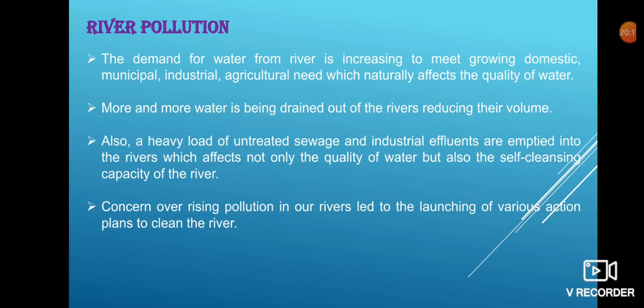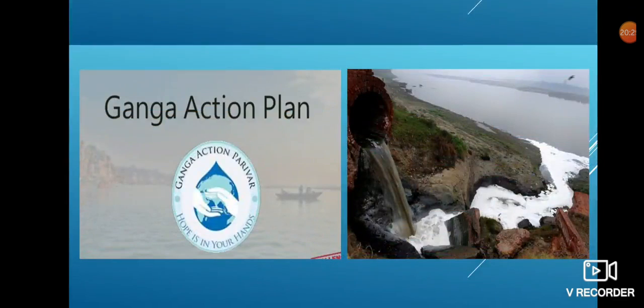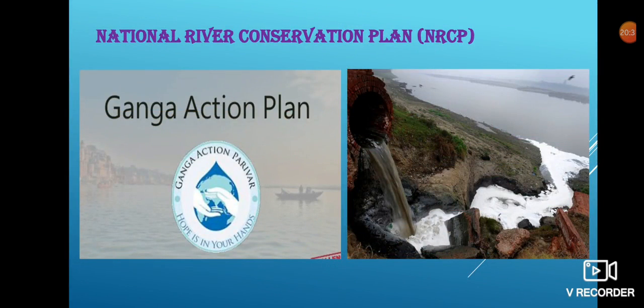So, concern over the rising pollution in our rivers led to the launching of various action plans to clean the rivers. The National River Conservation Plan (NRCP) has been introduced by the government.